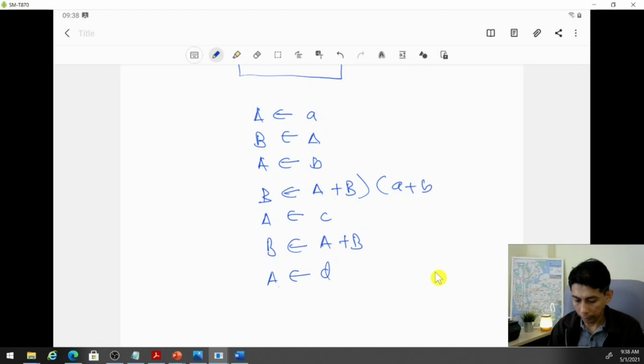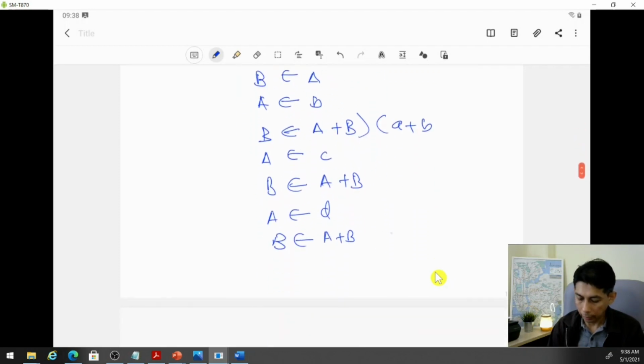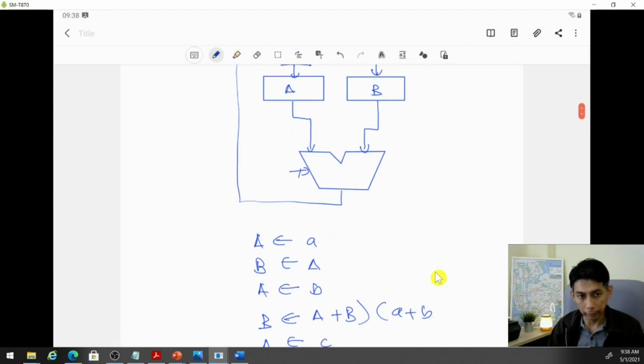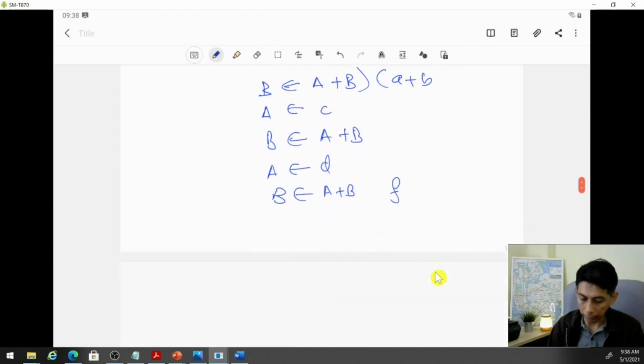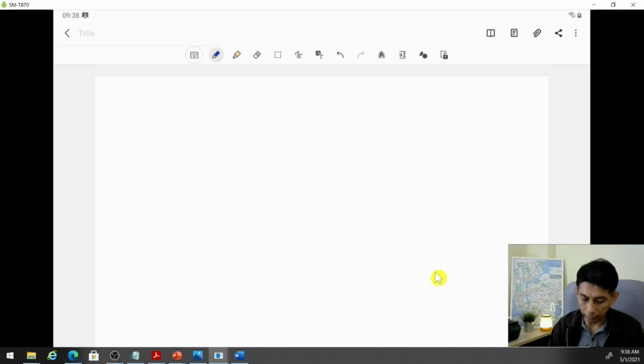So you need to do add many times in order to get F, or get the result, by using the general purpose processor. But if you can design your own circuit, you can have something like this. You can have many adders.